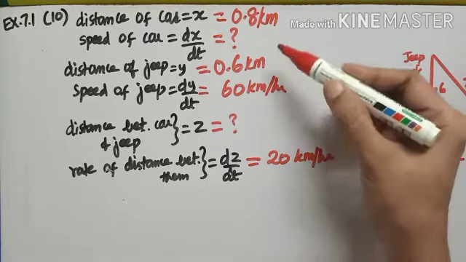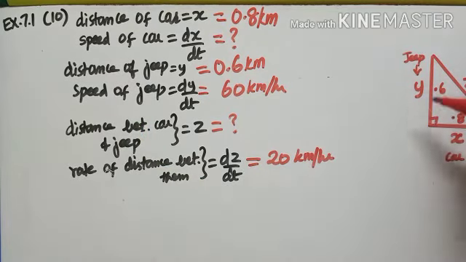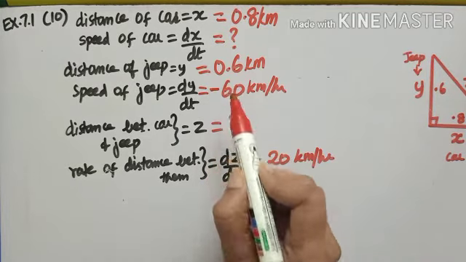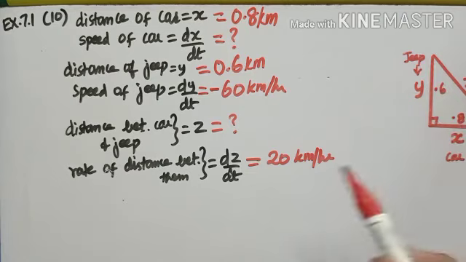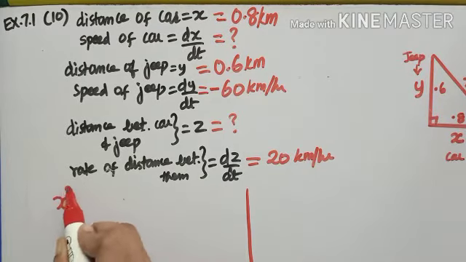Put the units as given in the question. Jeep is coming downward. So the speed we have to put minus symbol. Whereas this distance is increasing as given. So put only plus symbol. There are two question marks. How to proceed with? So let us have two sections. It's a right angle triangle. What is the connection?